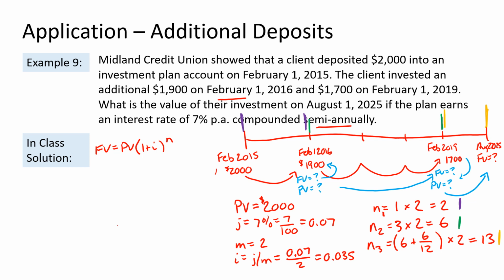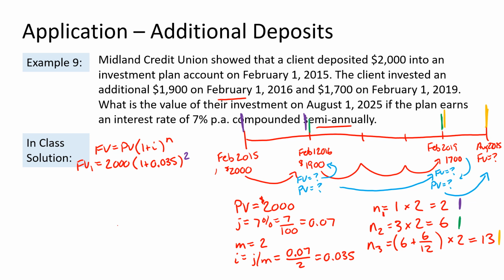I do have a second slide here, but I want to show you this just so you understand how the numbers progress. Our first future value calculation is equal to our present value today, $2,000, times 1 plus our periodic rate of interest, 0.035, and that's the exponent n for our first period, the one in purple, which was 2.